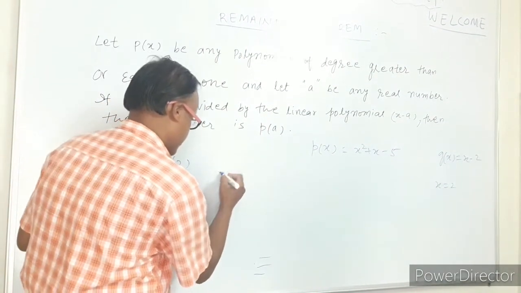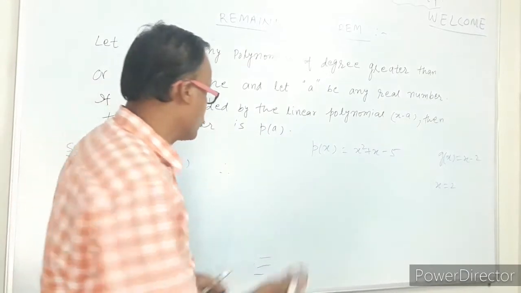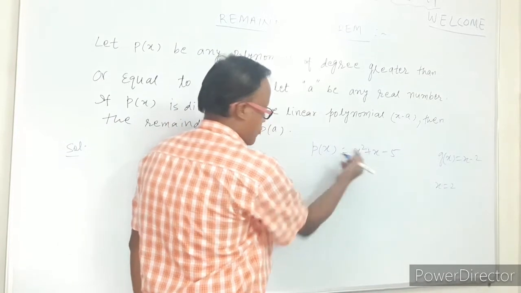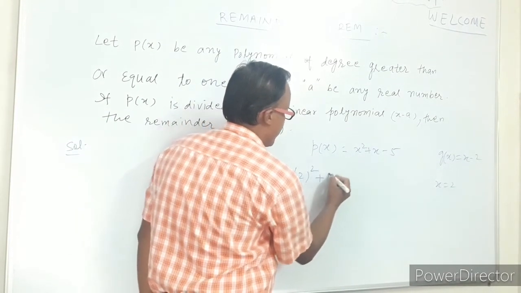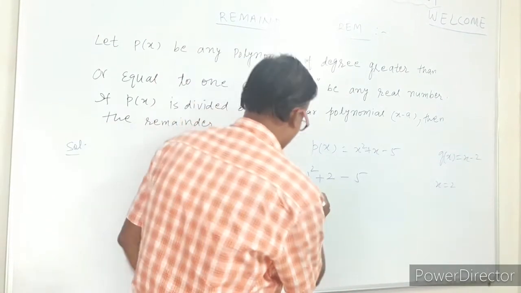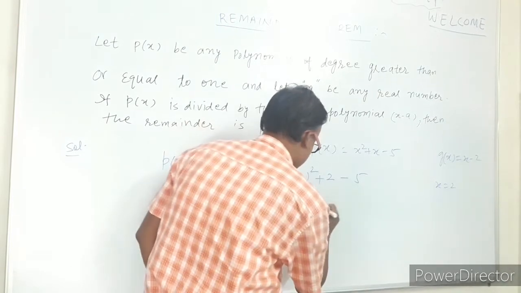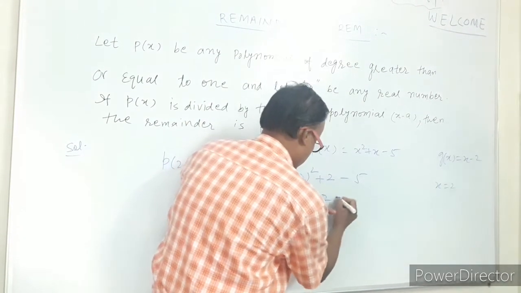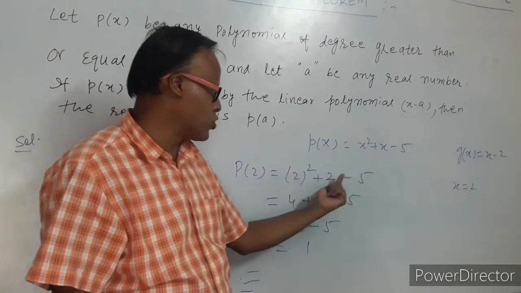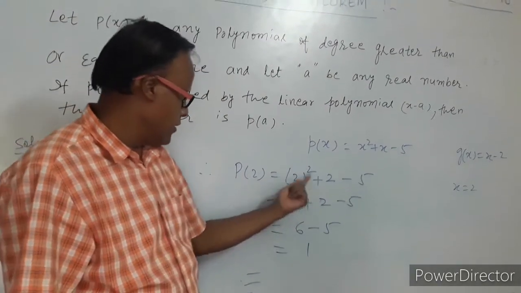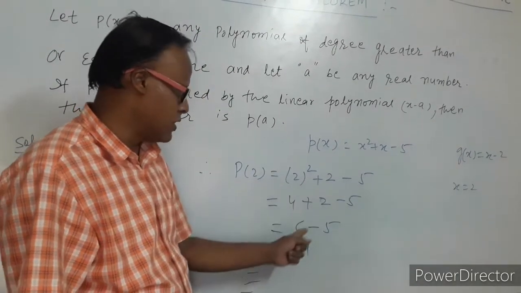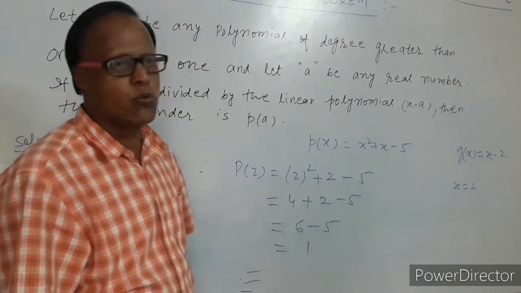Therefore, we have to calculate P2. P2 is equal to, in place of x substitute 2, so 2 square plus 2 minus 5. 2 square is 4, plus 2 minus 5. 4 plus 2 is 6, 6 minus 5 is equal to 1.